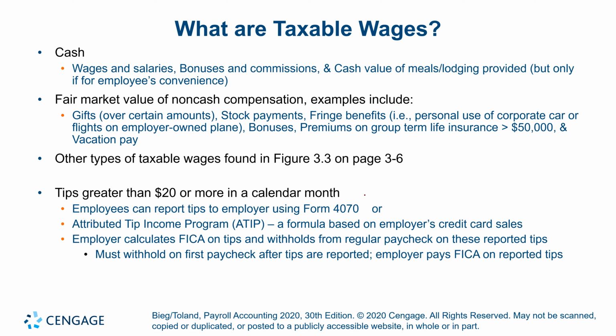Also the fair market value of non-cash compensation. Some examples: gifts over certain amounts, stock payments, fringe benefits like the use of a corporate car or flights on an employer-owned plane, bonuses, premiums on group term life insurance that are greater than $50,000, and vacation pay.